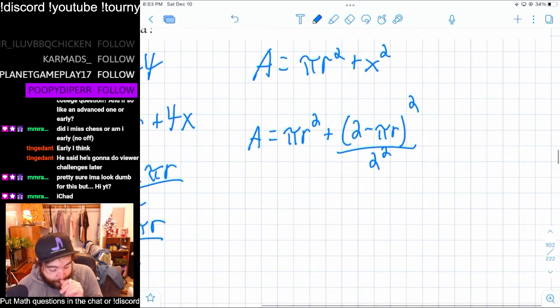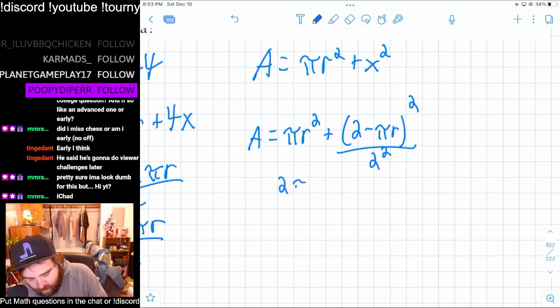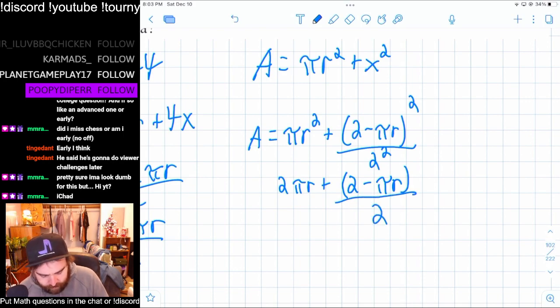So that's it. Now we want to take the derivative and set it equal to 0. So we have 2 pi r plus, let's see, the power rule is going to cancel with the 2 on the bottom. So it's 2 minus pi r over 2 times the derivative of the inside, times negative pi.